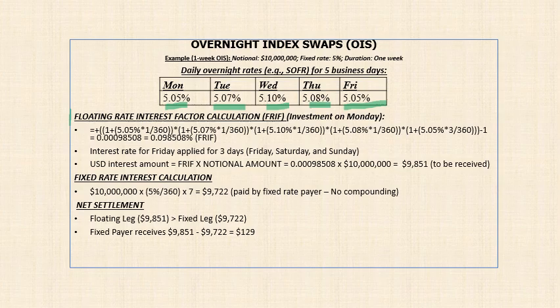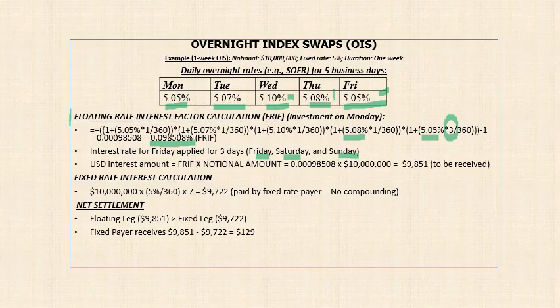Again, this figure is multiplied by 1 plus 5.1% into 1 divided by 360, 1 plus 5.08% into 1 divided by 360, and 1 plus 5.05% into 3 divided by 360. This is the rate for Friday. From this, 1 is subtracted to get the interest rate factor for our product. Note that the interest rate on Friday is applied for 3 days, that is Friday, Saturday, and Sunday.